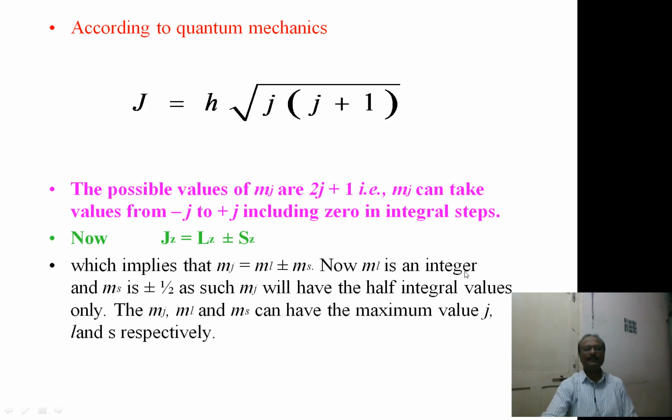Now ml is an integer and ms is plus or minus half. As such, mj will have half integral values only.